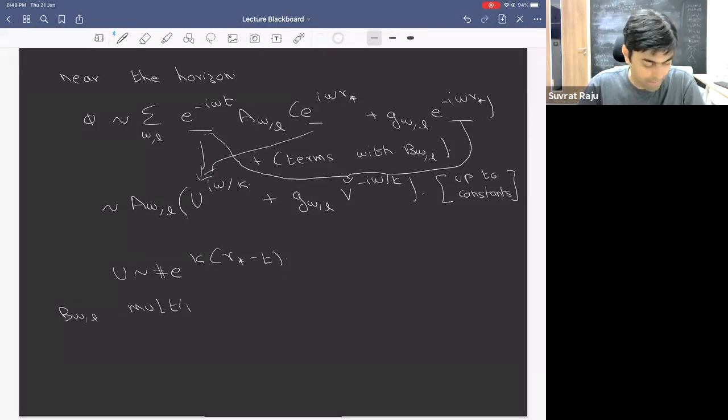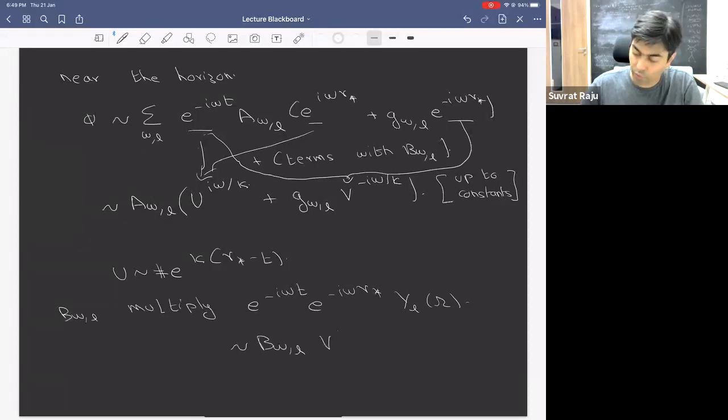They multiply something which looks like e to the minus i omega t into e to the minus i omega r star, also into some Y L omega, but we don't care about that. Okay. And this looks like b omega L into v to the minus i omega by k. Again, up to constants.